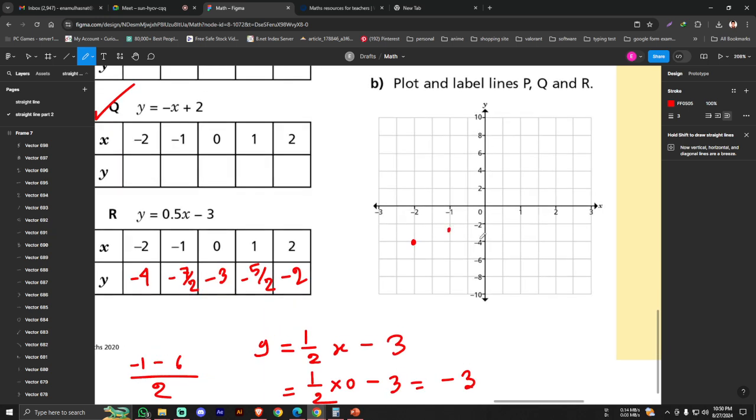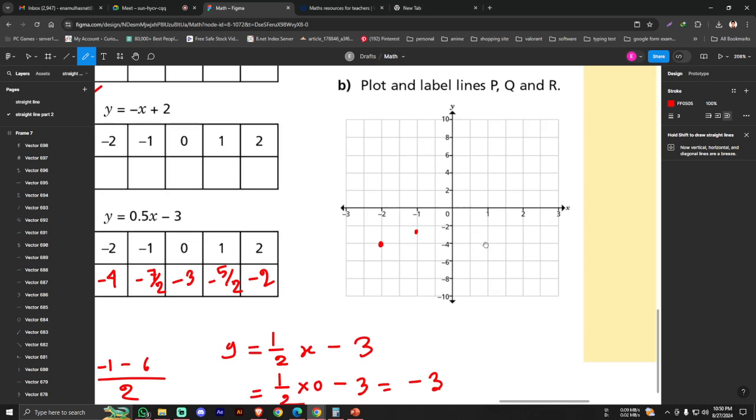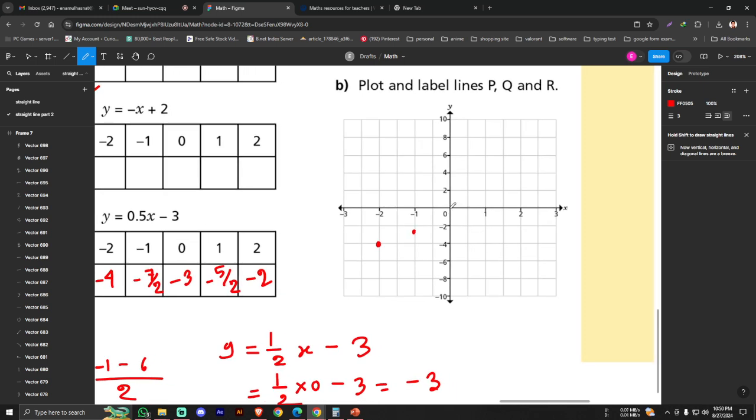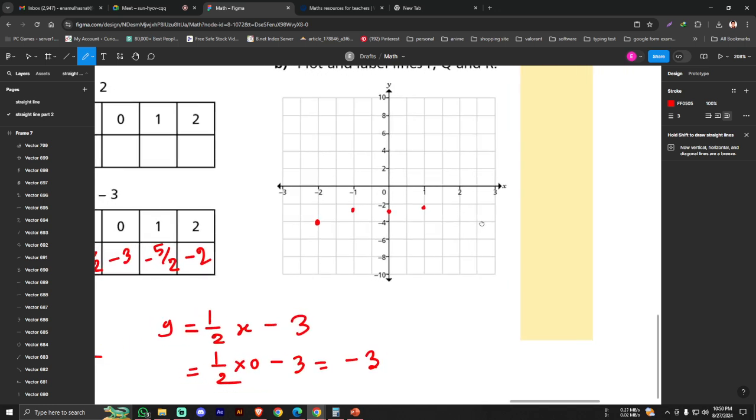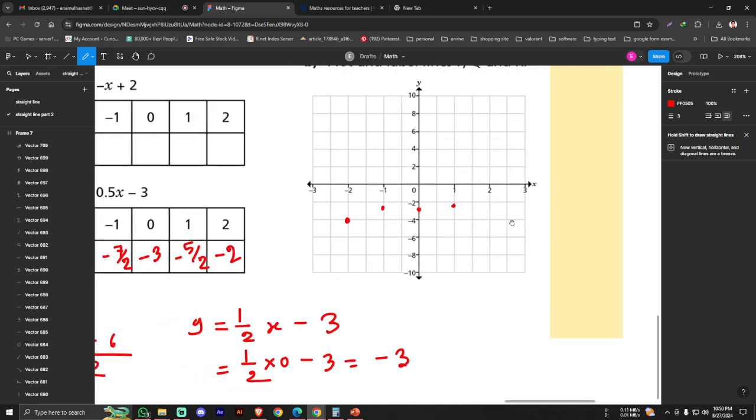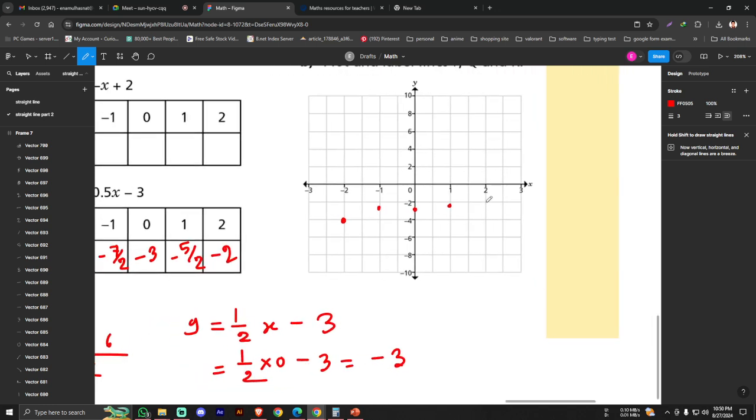Now 0 comma minus 3, so this is 0, this is minus 3, somewhere like here. Then 1, minus 5 by 2, that means minus 2.5, somewhere here. Then 2, then minus 2 here.